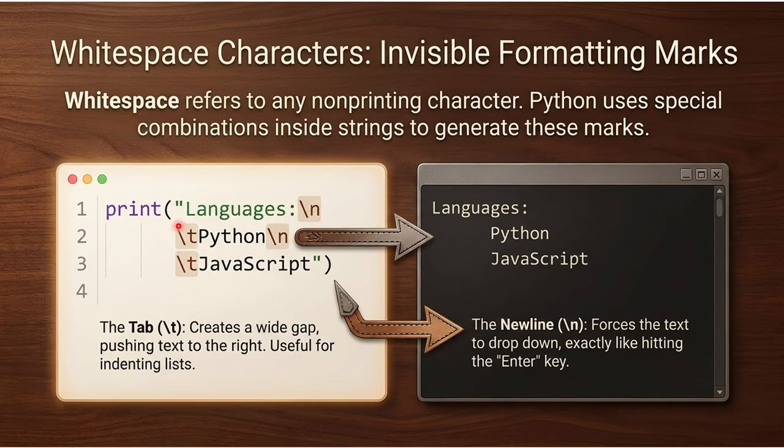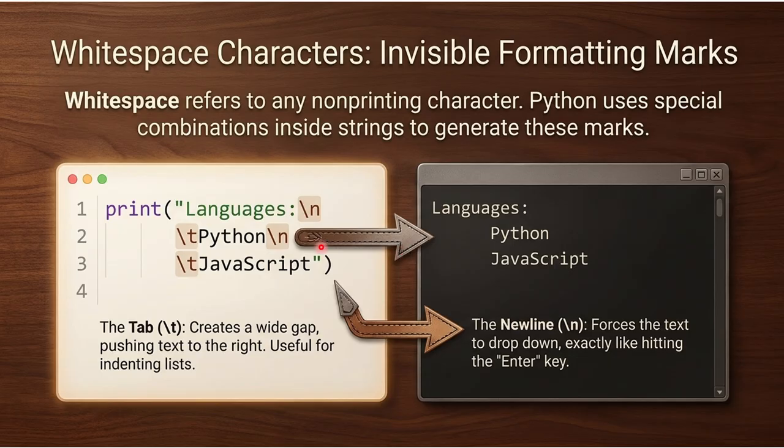Now let's see what slash t is. It creates a wide gap, pushing text to the right, useful for indenting lists. Slash t is like giving a tab. If you see over here, after the next line I typed slash t, and it gave a single tab and pushed everything to the right.